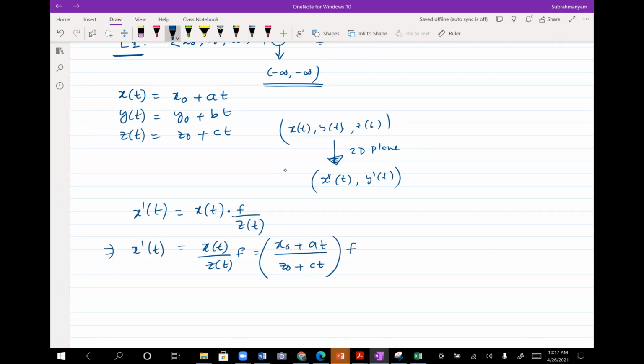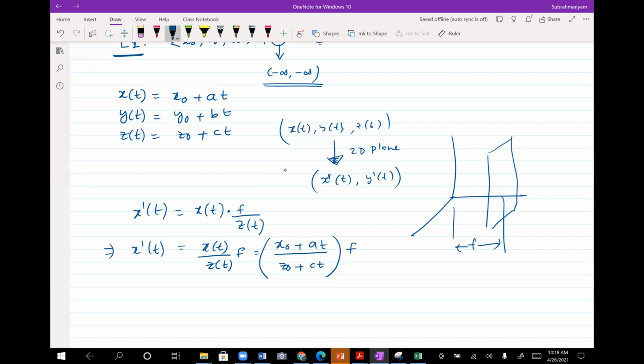Similarly, what is f here? f is the distance, like in the last class. If you recollect, I was taking this x, y, z here, and taking a projection on a plane, and this distance is f. Do you remember that from the last class?